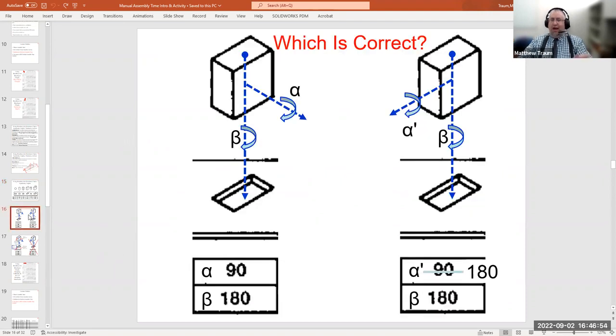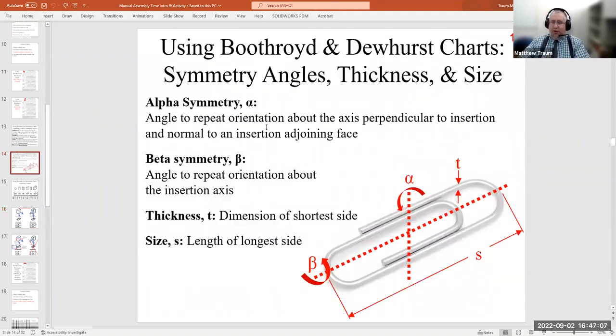Okay, so invariably, like I said, my technique breaks down in certain situations, and this is one of them. So I mentioned, we're looking for an angle to repeat an orientation about an axis perpendicular to the insertion direction and normal to an insertion adjoining face.